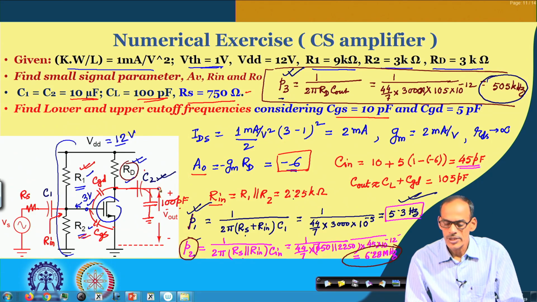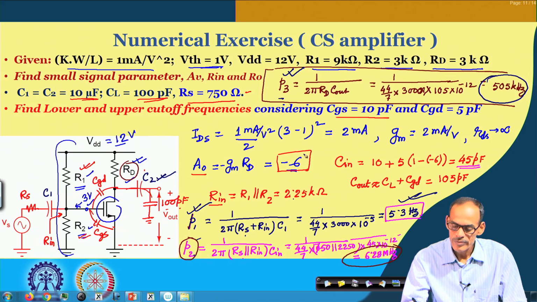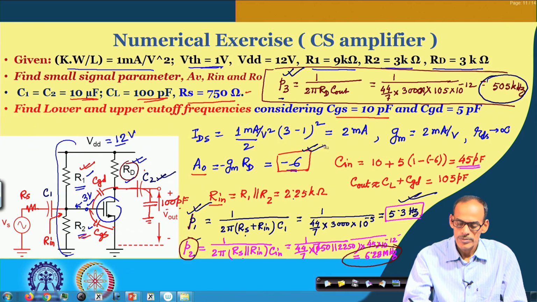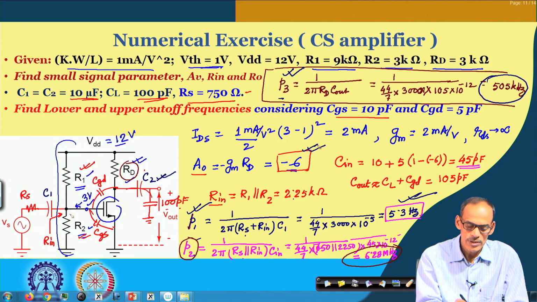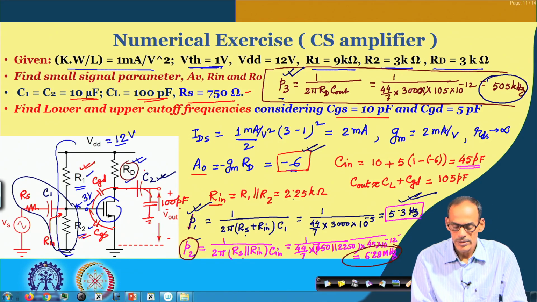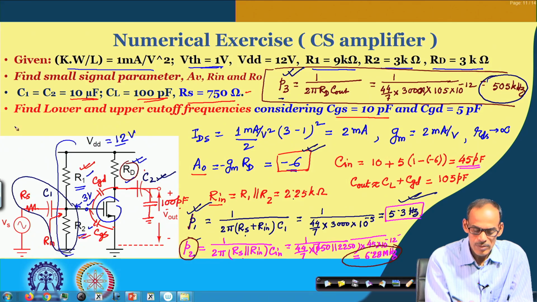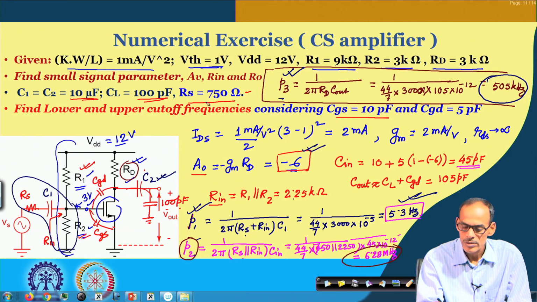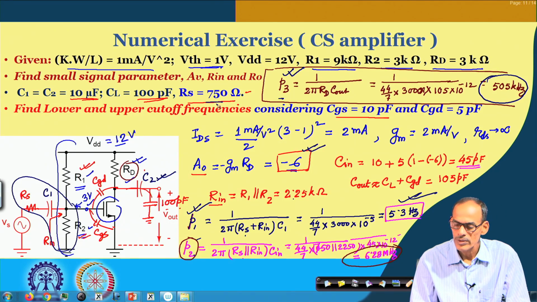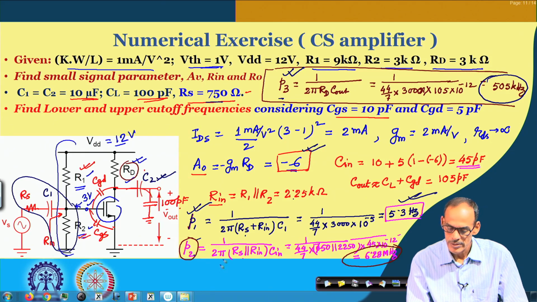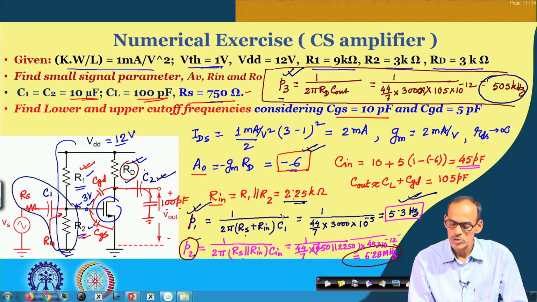And then what is the mid frequency gain? We have the gain of 6 that needs to be multiplied by the attenuation coming from R s and R in, and the input resistance is 2.25.